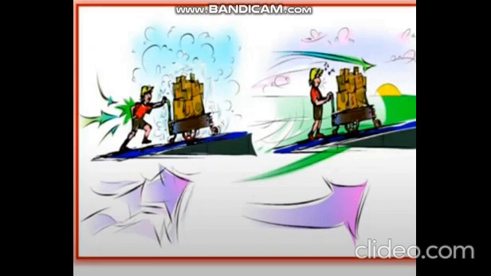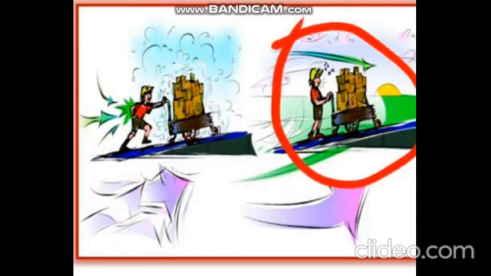And when you are pushing some load up a steep slope, how your posture should be, so that you will not hurt your back.